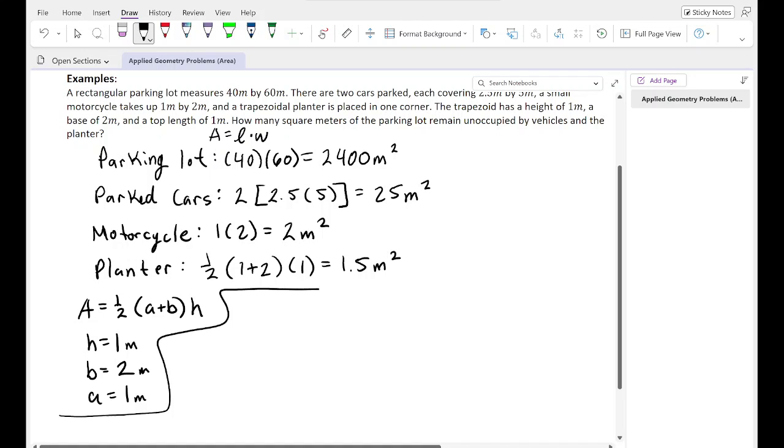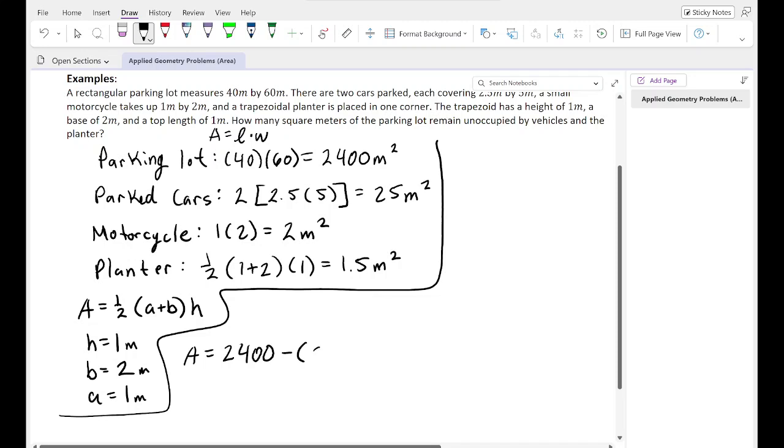So this is all the work. And now we can find how many square meters of the parking lot remain unoccupied by vehicles and the planter. So the area is going to be the total area of the entire parking lot, which is 2,400 minus the sum of each individual item within the parking lot.